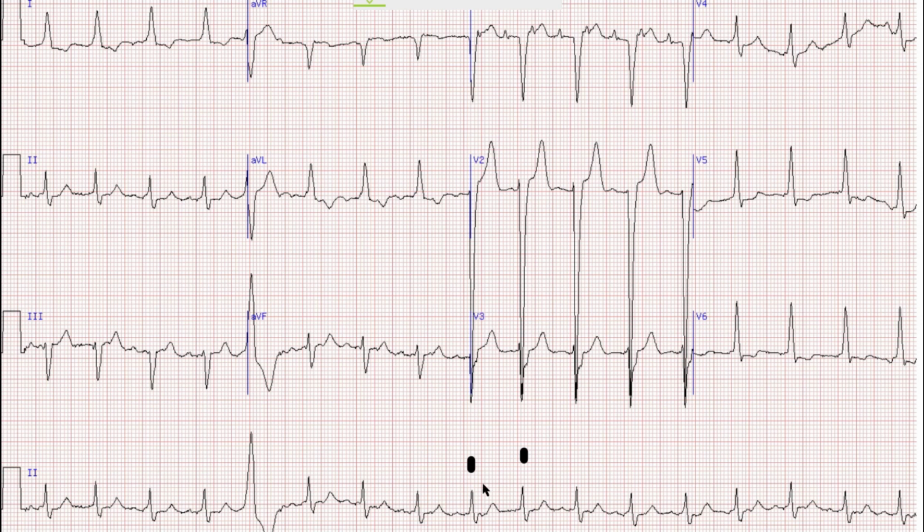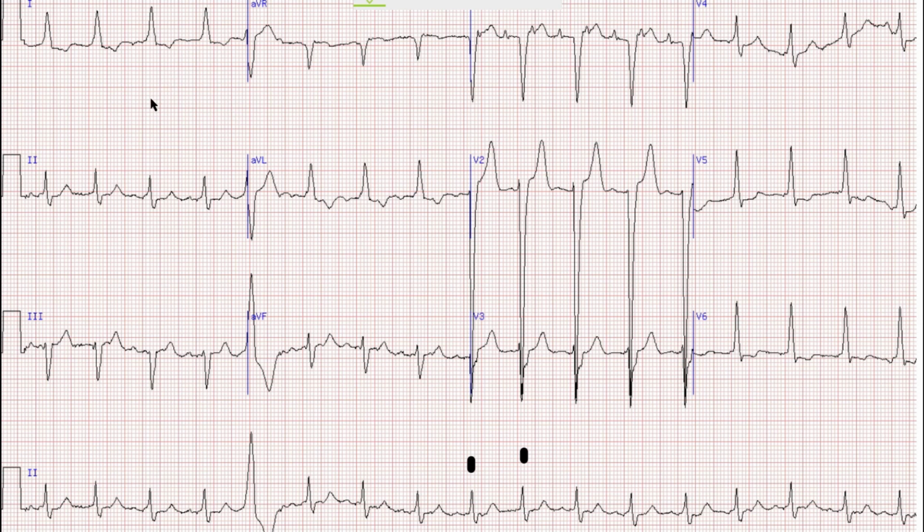So the number of small squares between two QRS complexes in this case is 14. To get the heart rate, we will divide 1500 by 14. So heart rate is about 107 beats per minute. So this is a tachycardia with regular RR intervals.